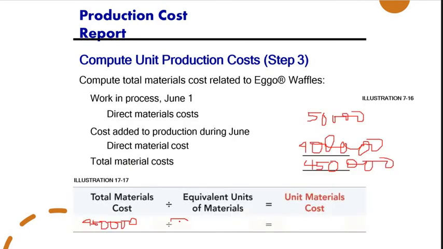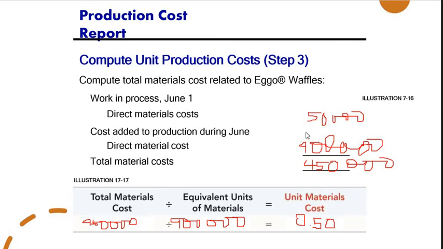So, 450,000 divided by 900,000, that is equivalent to magkano ang ating unit material cost? Mayroon tayong 0.50. Okay? Kindly check it. 450 divided by 900 is equivalent to 0.50.